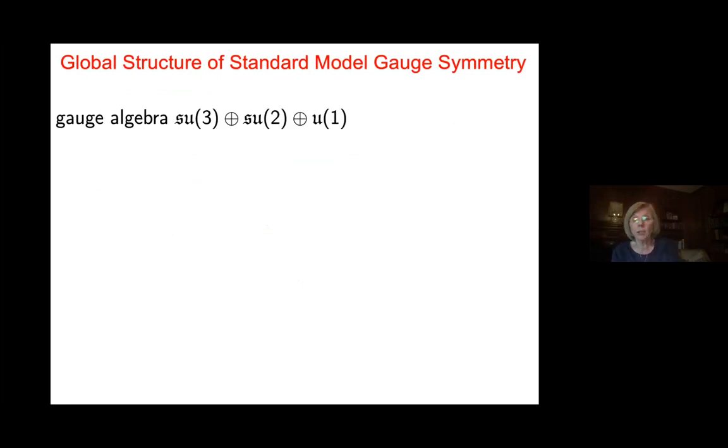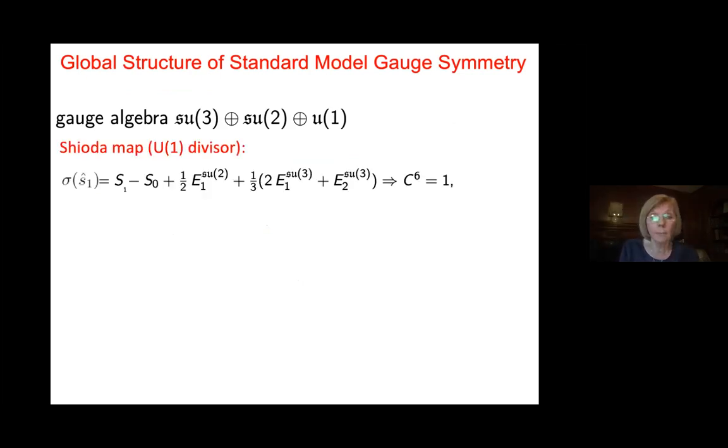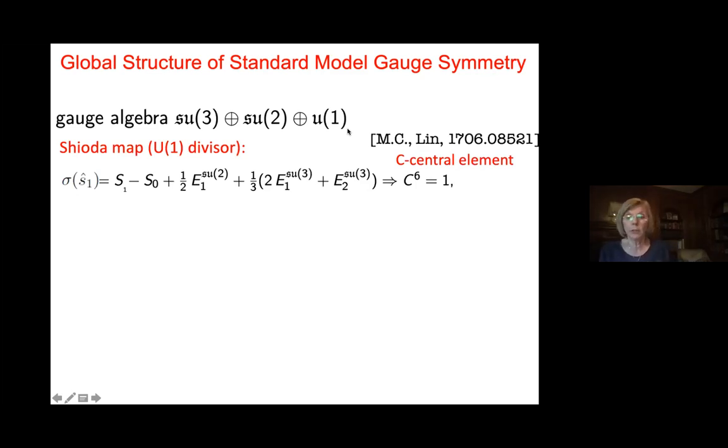This is only the gauge algebra. And if we study in more detail the Shioda map, which describes the divisor associated with the canonical U1 gauge field, we observe that there actually is in the whole structure a non-trivial center of this gauge algebra, which is of order 6.